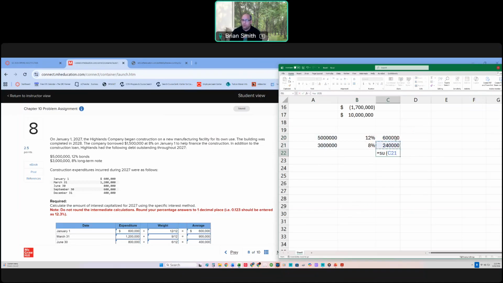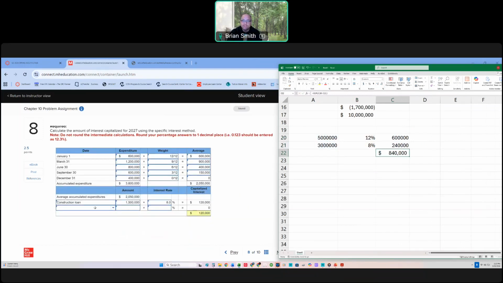So we have $840,000 of interest in the other debt. So what we're going to do is add up these two. I'm running through the process in my brain too. It helps when I can see that they're amounts.